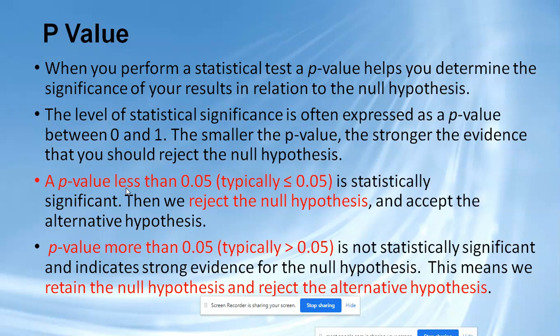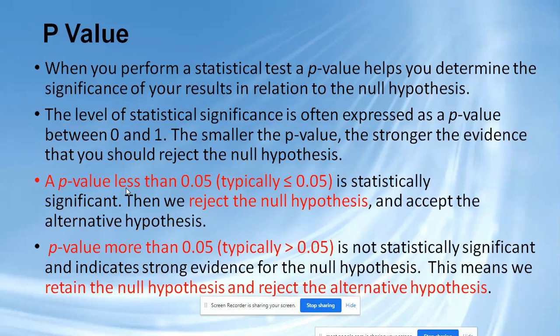When the probability value is 0, it means it is definitely false, 100% chance that it is not going to happen, and probability 1 is 100% chance of the event happening. So the smaller the p-value, the stronger the evidence to reject the null hypothesis. A smaller p-value means we reject the null hypothesis and accept the alternative hypothesis.